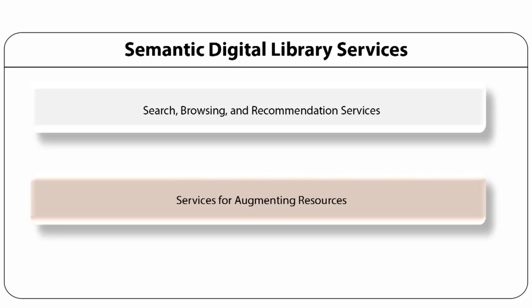Query refinement engines should use complex semantic relations between results to provide search result matching users' profiles. Semantic digital libraries should also provide recommendation services, for example, based on the context and resource annotations or based on collaborative filtering.